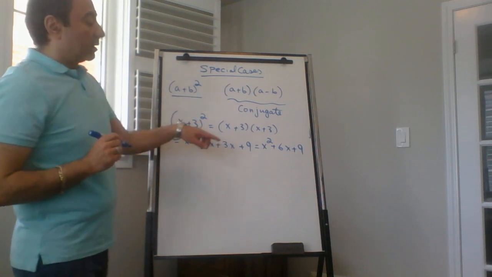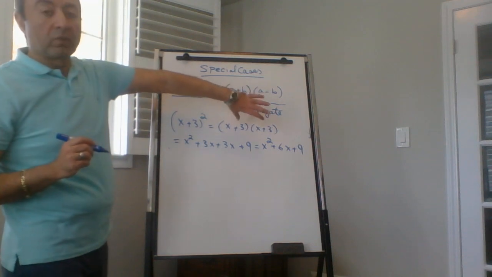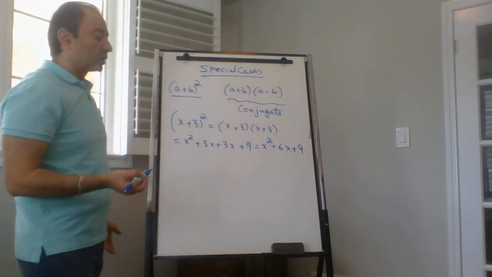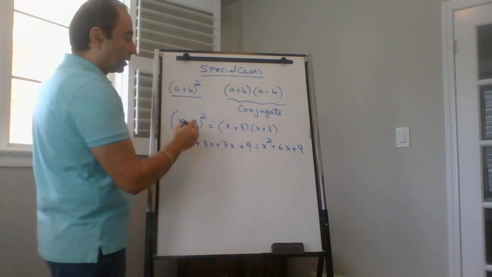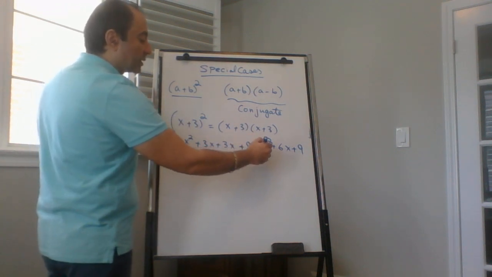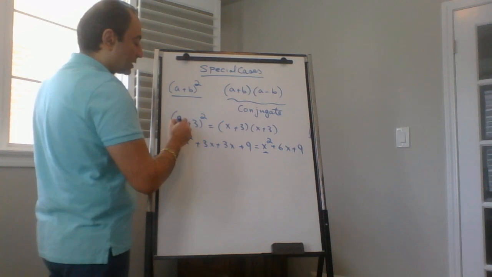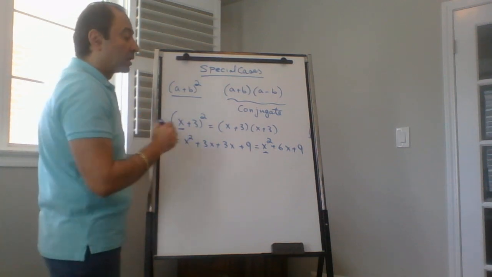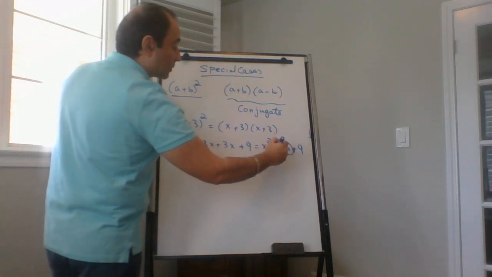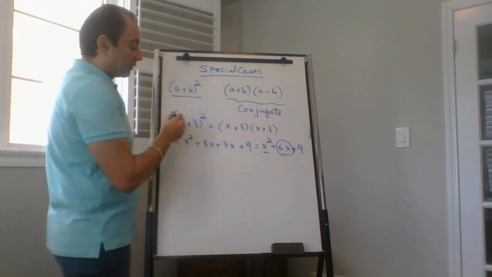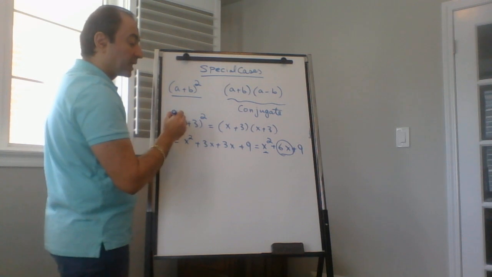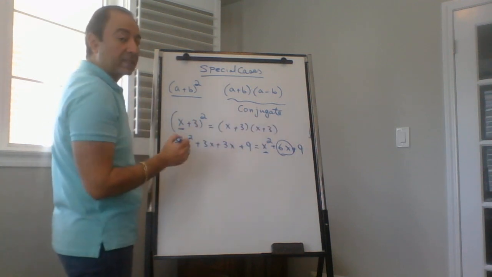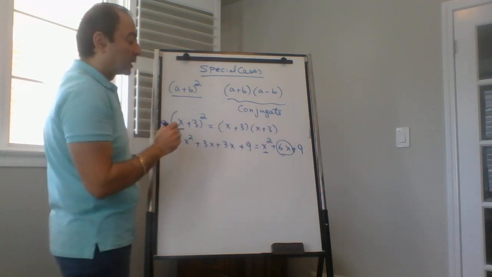It is fine if you want to FOIL, but there is a shortcut. There is something we notice here, that x squared is the square of the first term. This term is the first term times the second term times 2, because 3 times x is 3x times 2 is 6x, so that gives us the middle term.